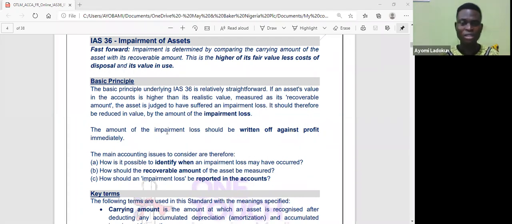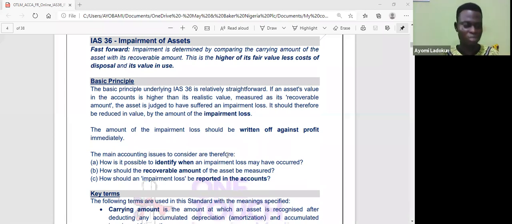So the first thing is, what is impairment? Because this is financial reporting, I won't be surprised if the examiner asks you to differentiate between impairment and depreciation. Impairment is economic reduction in the value of an asset. What is that supposed to mean? I'll come back to that to explain further.